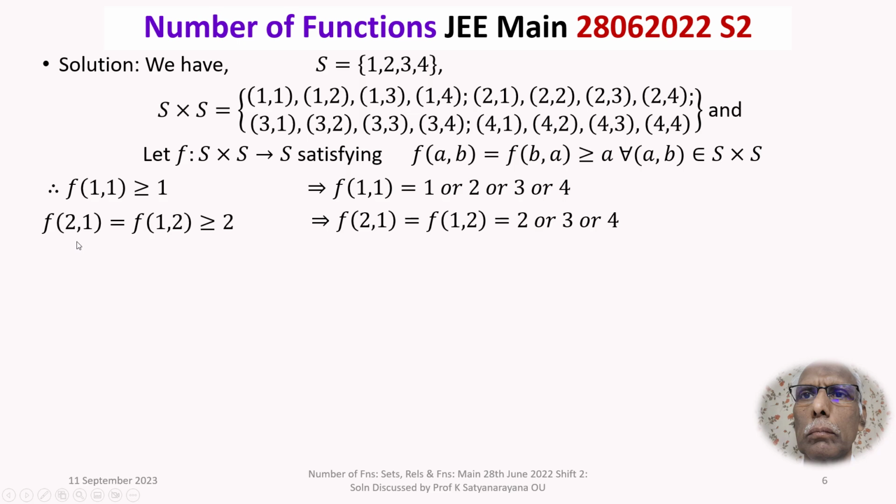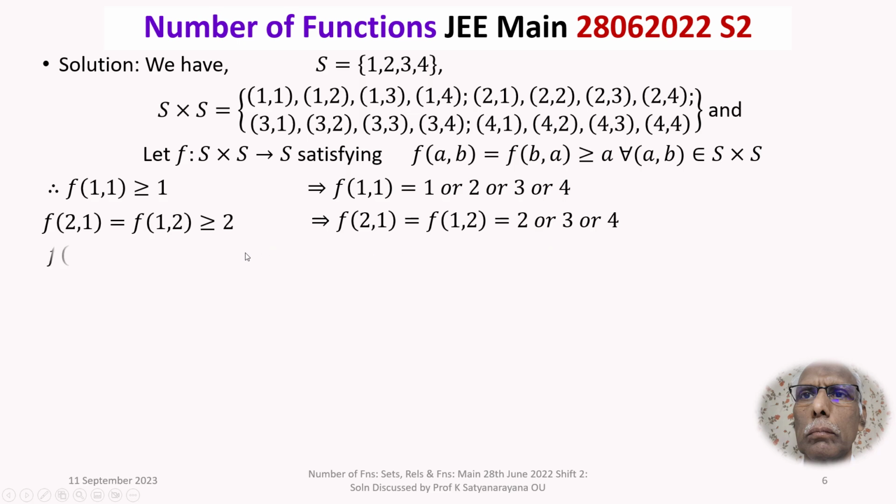Here what you have to note is that these two elements (2,1) and (1,2) both will be mapped to either 2 or 3 or 4. So if (2,1) is mapped to 2, (1,2) also is mapped to 2. So be clear about that, then understanding the problem will be easy.